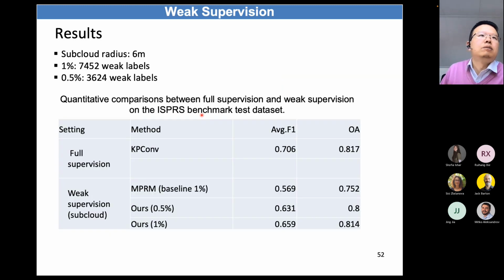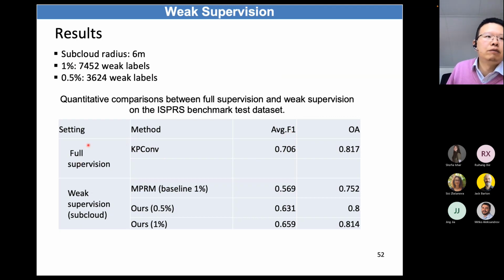I'll show you some numbers where we're using, let's say, 1% of these points, sorry, more than 7,000 weak labels, and 0.5% is half of the weak labels. This is on the test data set. Using KP-conf, what we can get is 70% F1 score.